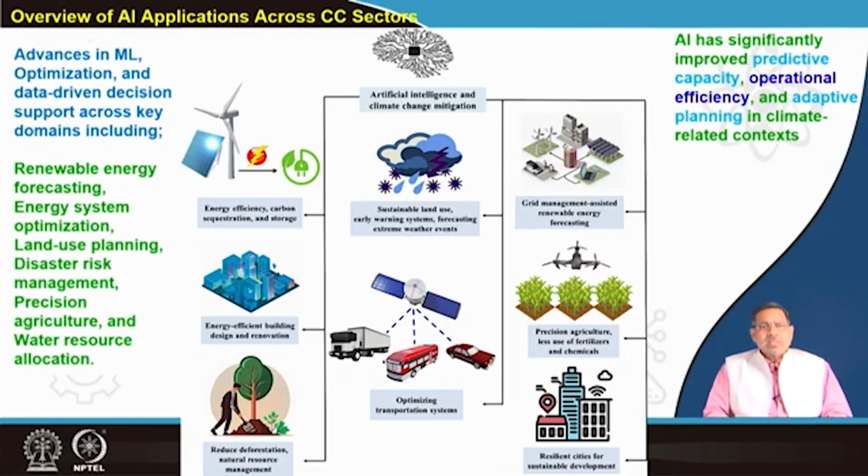The third one is it also helps in reducing the deforestation and thereby helps in natural resources management by processing heavy amount of data. The middle one is with respect to the sustainable land use in terms of early warning system, forecasting and extreme weather events. The next is optimizing the transportation systems.